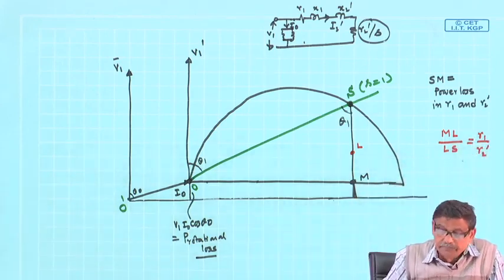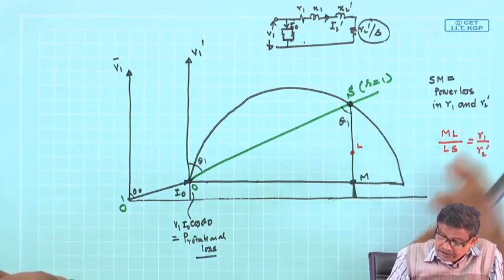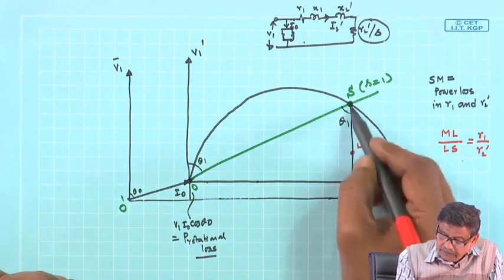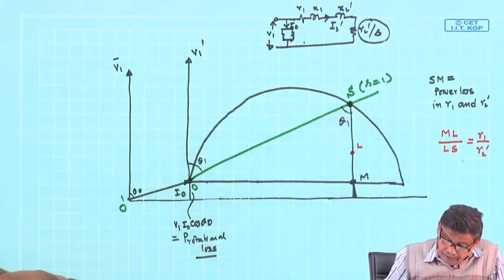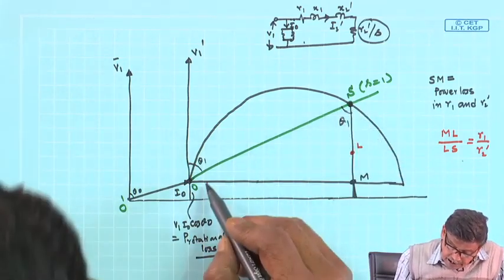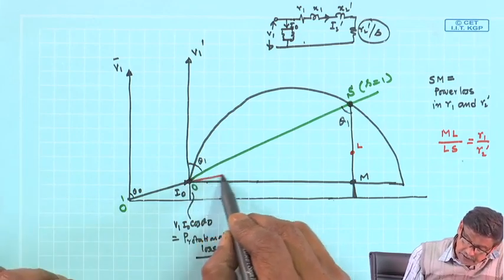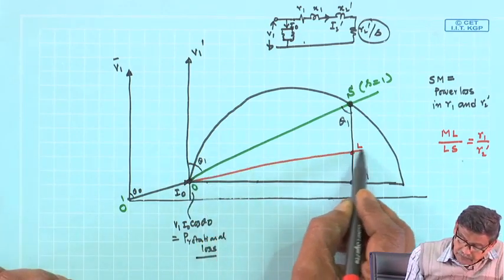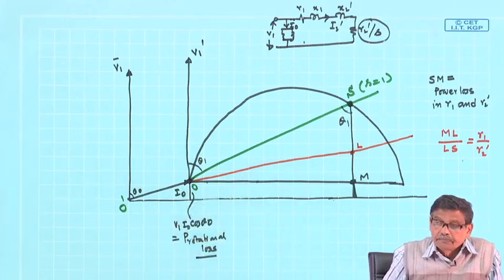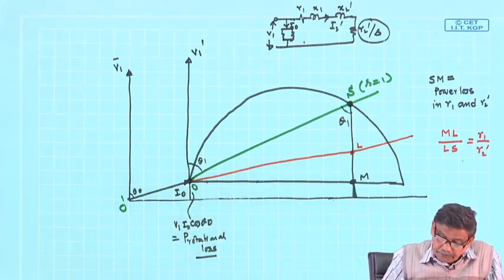Suppose I know the value of the resistances. So, in this ratio I will divide this line, and then I will join this point also.